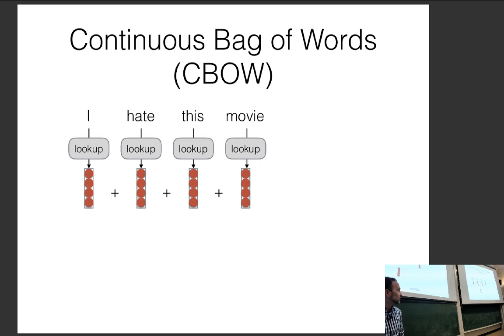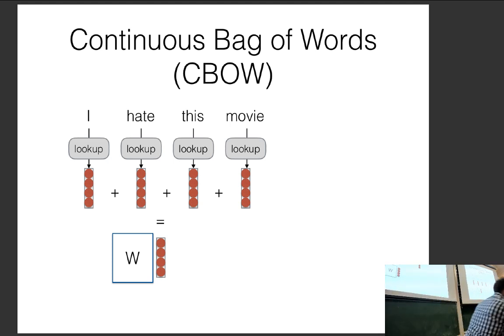So what the continuous bag of words model would do is it would instead take all of these embeddings, sum them together into a vector that kind of represents a sentence, and then take a weight matrix where the size of the weight matrix is equal to the size of the embeddings multiplied.